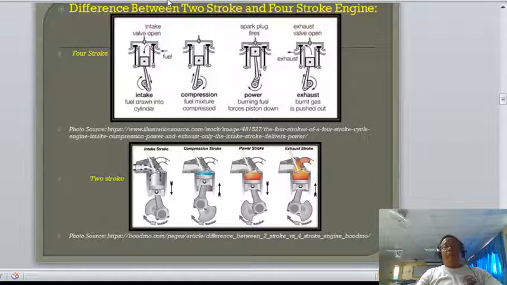But for a four-stroke engine, the number of revolutions required to complete the cycle is 2 revolutions, meaning the cycle is completed after 2 revolutions. That is the difference between the two.